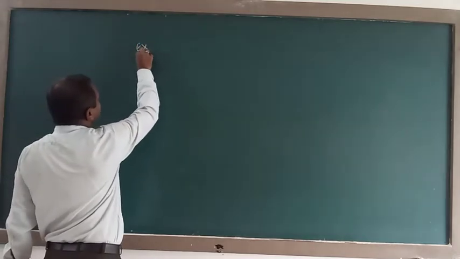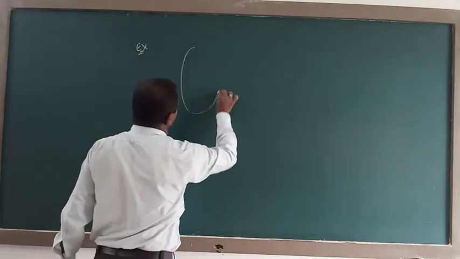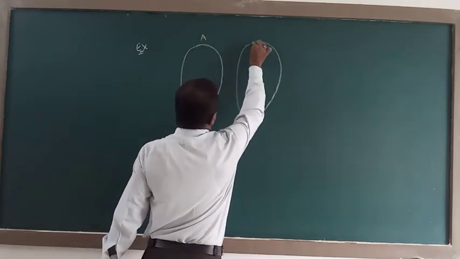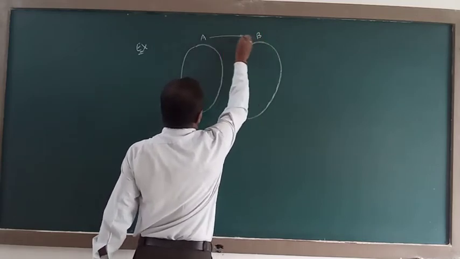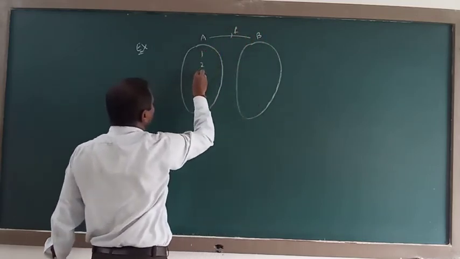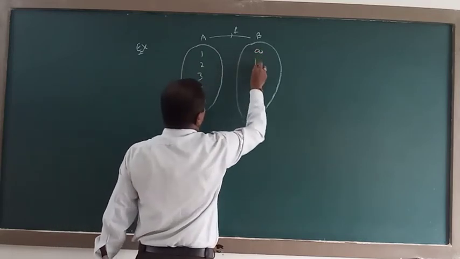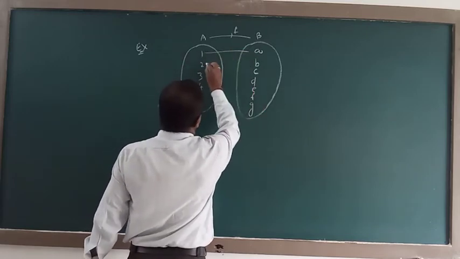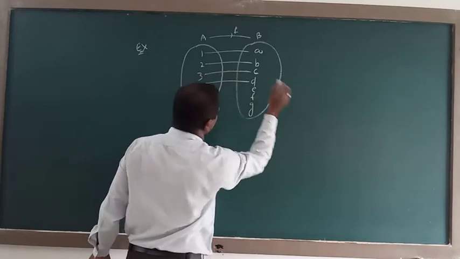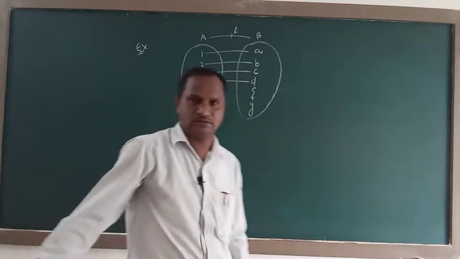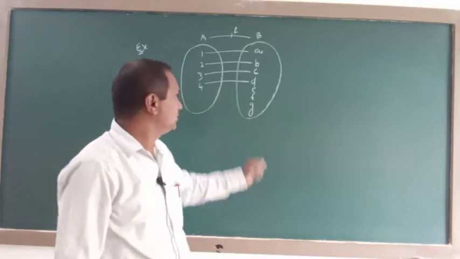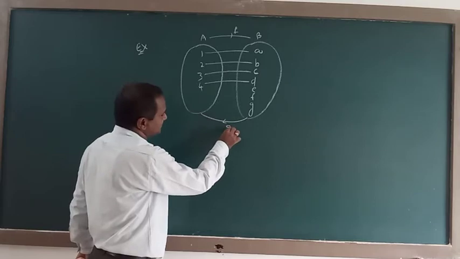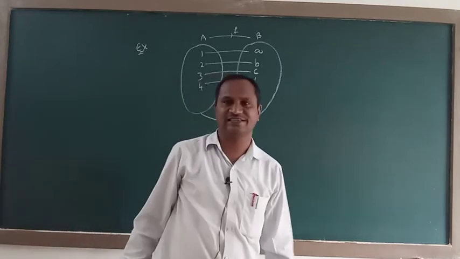Example for this: it is A here and it is B here. A to B is 1, 2, 3, 4 and a, b, c, d, e, f, g here. 1 to a, 2 to b, 3 to c, and 4 to d. f is one-one, but it is not onto, because A to B is one function, and from B to A, let us consider g, it does not form a function here.